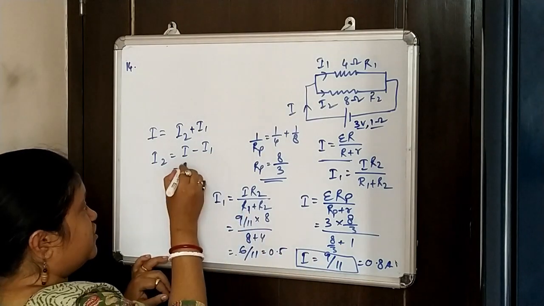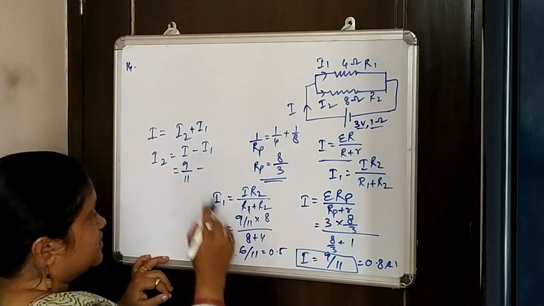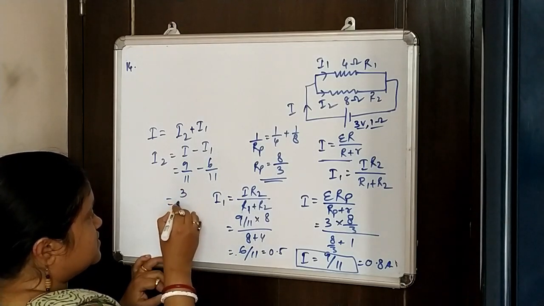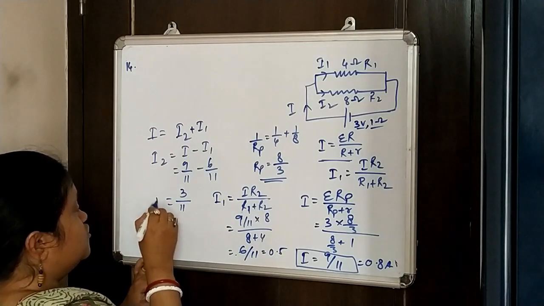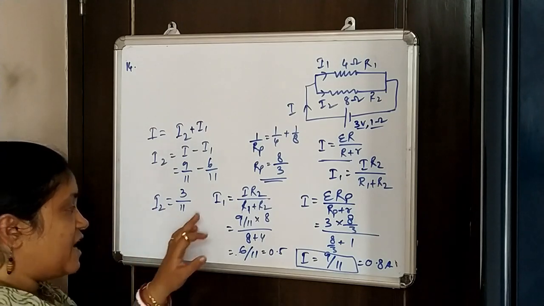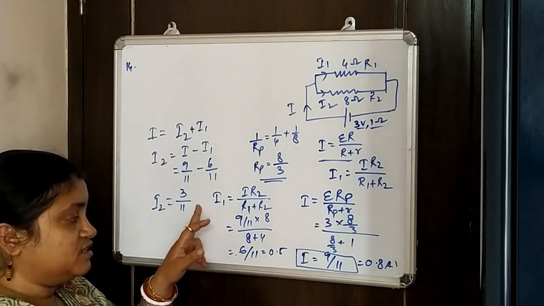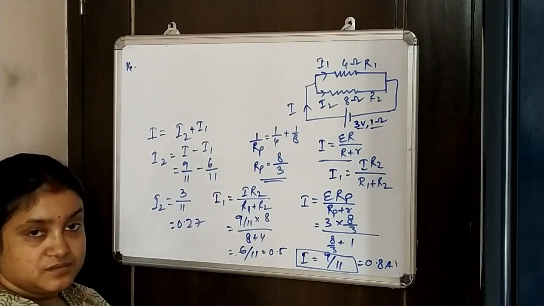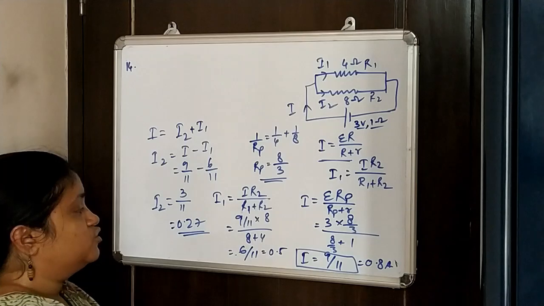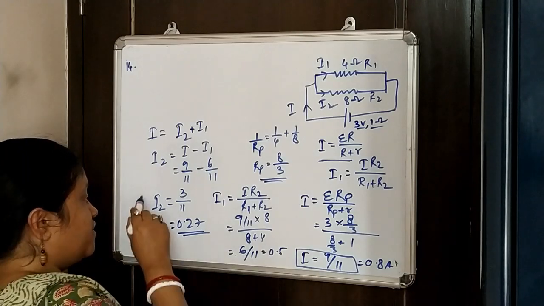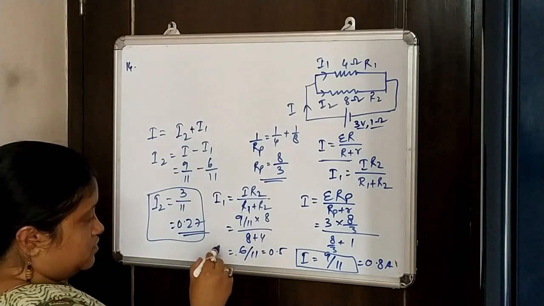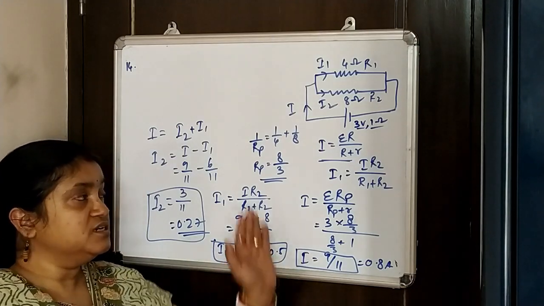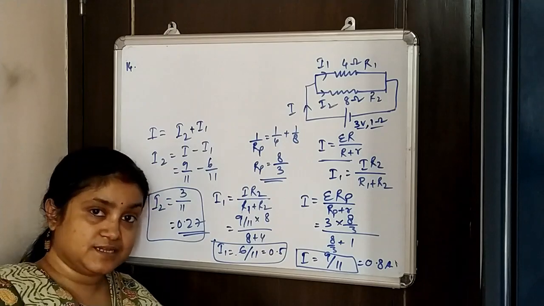I already know that is 9 by 11, and this is 6 by 11. So I get 3 by 11. So my I2 is 3 by 11 ampere. You can convert it, it will come around 0.27 ampere. So this is how you found I2. This is your I1 and this is I. So these are the currents that are flowing through this circuit.